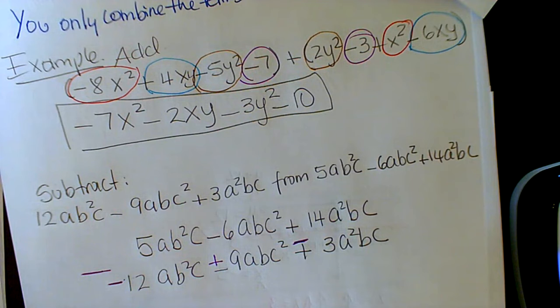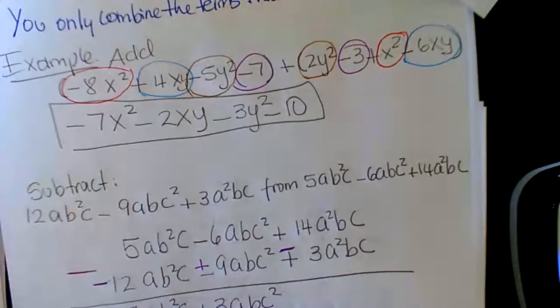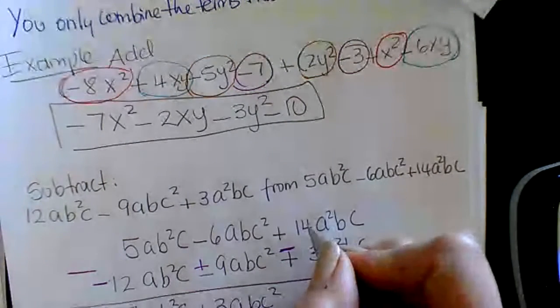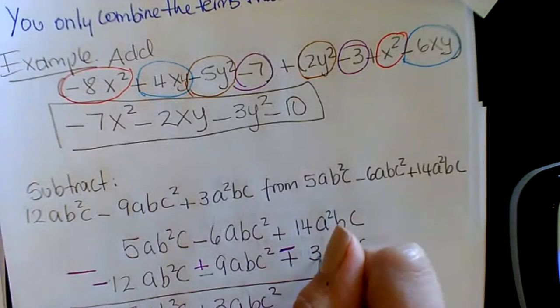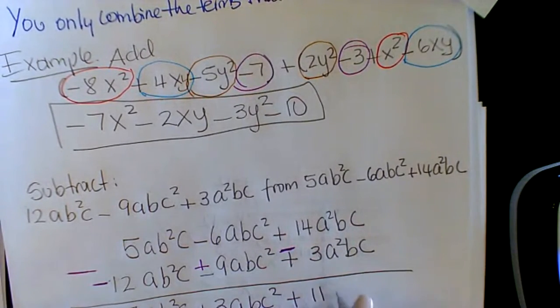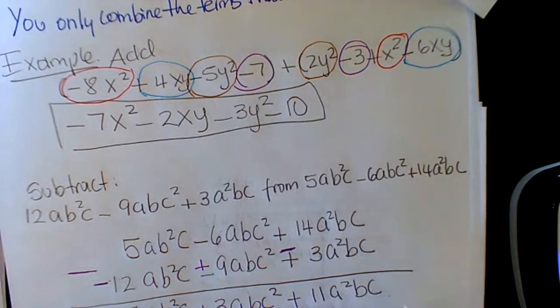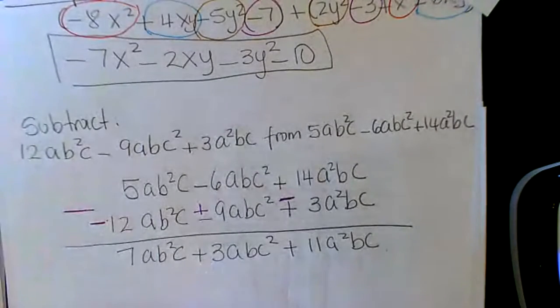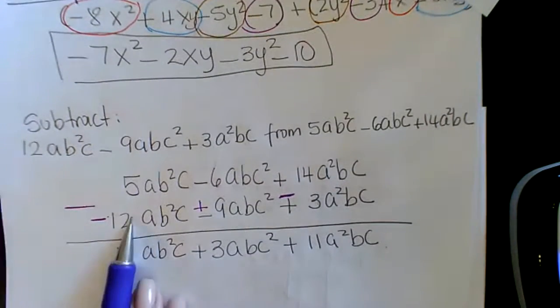So 5 minus 12 is going to be negative 7. Negative 6 plus 9 is going to be plus 3abc squared. Plus 14 minus 3 is positive 11a squared bc. So do not forget, because you're doing a subtraction.